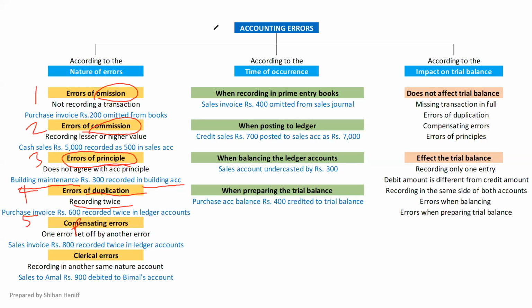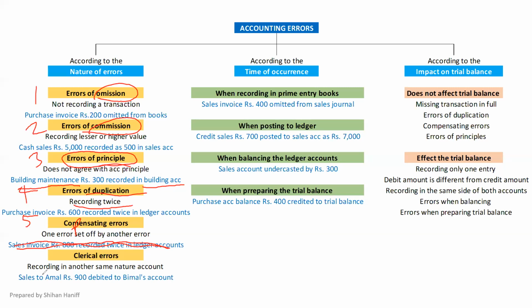Sales invoice 800 recorded. Let's say the sales account has been increased by 800 and the purchases account increased by 800. So debit and credit are equal, right? So one error is set off by another error.